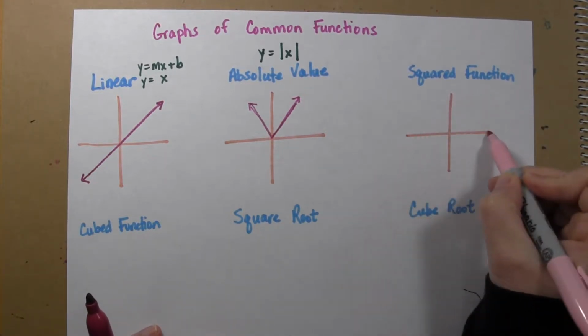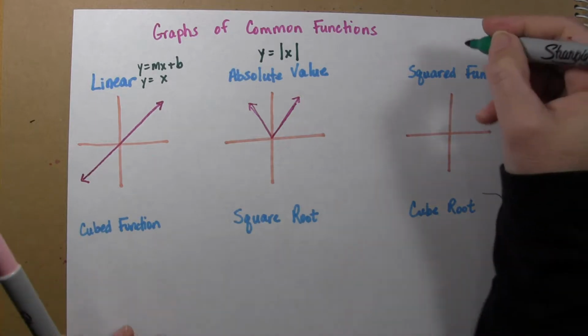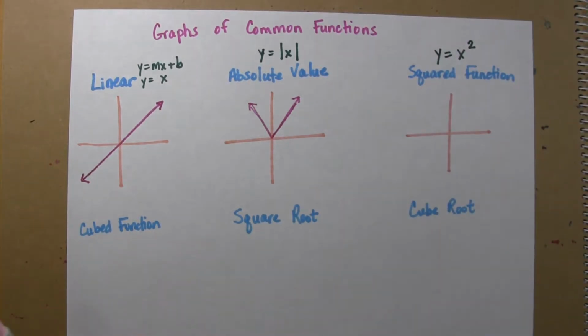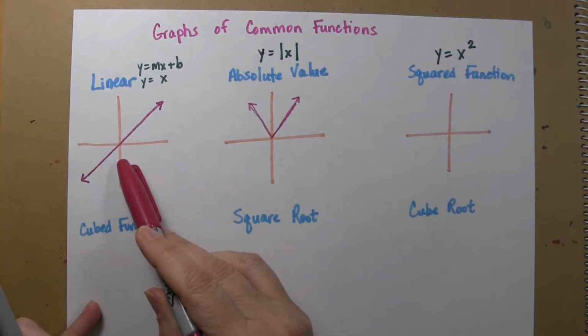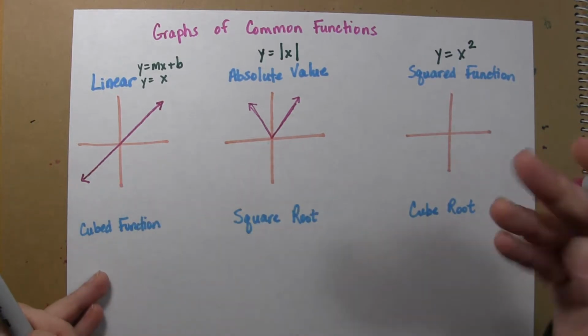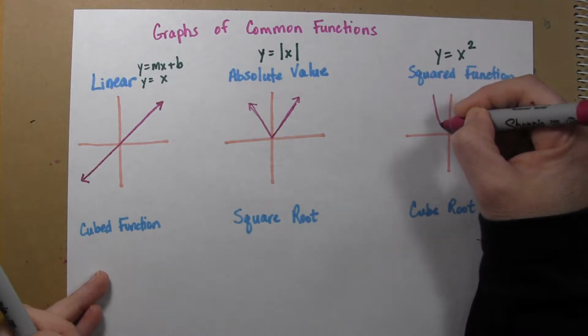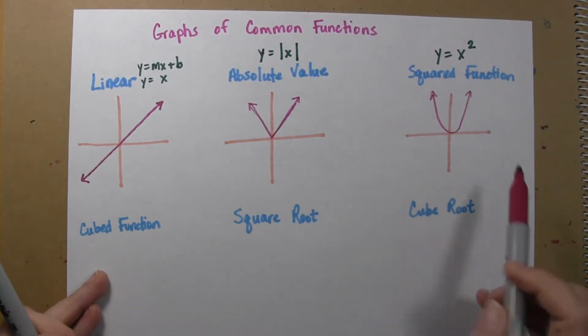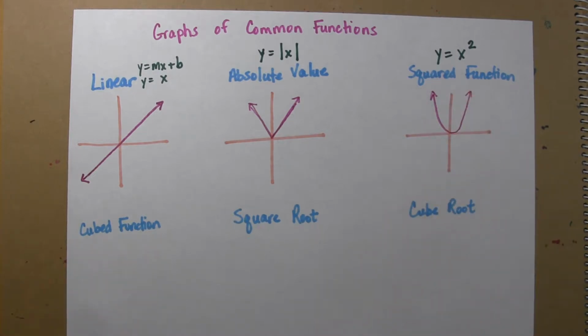If you're graphing anything with a squared component, so the classic would be y equals x squared, in that case, you do not get a line, you do not get a V. Instead, you get a U. And that's what you get whenever you have an x squared.